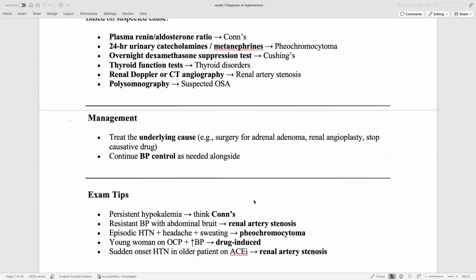All right. Management of secondary hypertension: first, manage the underlying cause. And we know the underlying cause is hyper-function of an endocrine gland. The treatment is mostly surgery. As a general rule, all the hypers in the endocrine are surgery.